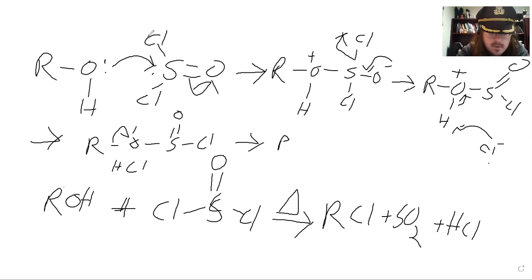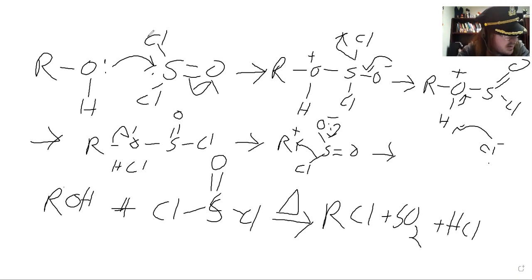So you essentially have an R plus, and before this even really gets away, this bond swings over from chloride, and this lone pair swings down to form an SO2. This becomes a really fast step. Once that breaks off, it's almost instantaneous to get to the next step, where we have RCl plus SO2.